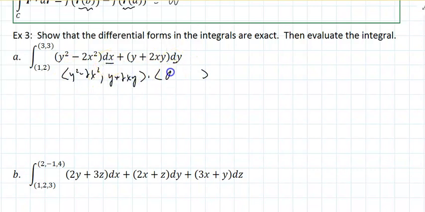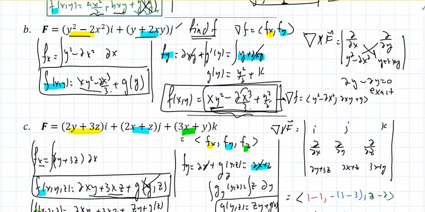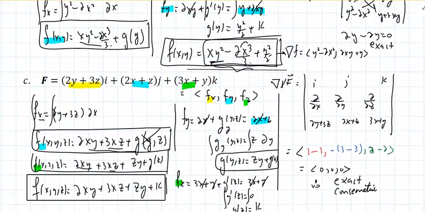And dot it with dx, dy. That's f, and that's dr. So, if you look at this, y squared minus 2x squared, right there, and y plus 2xy.